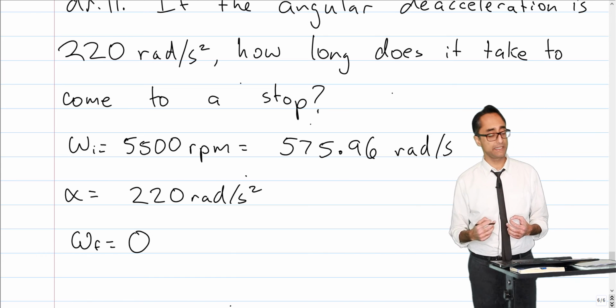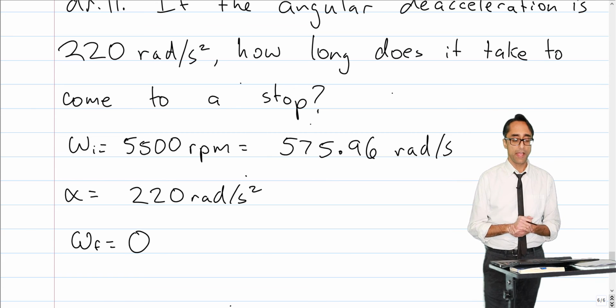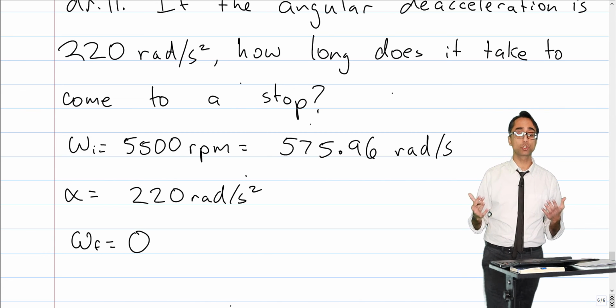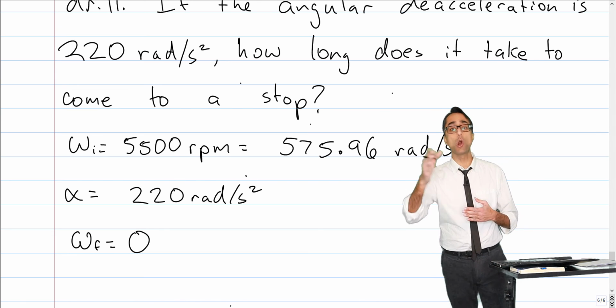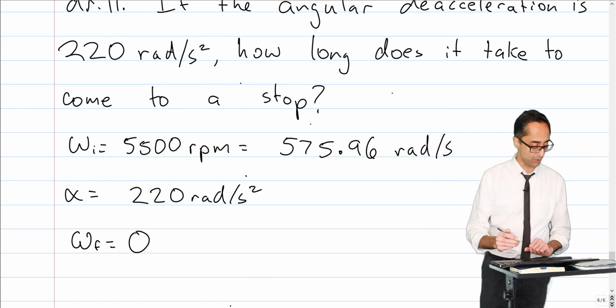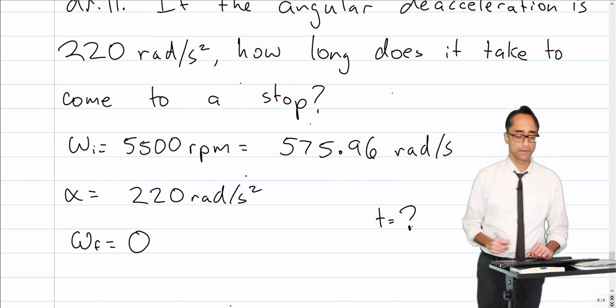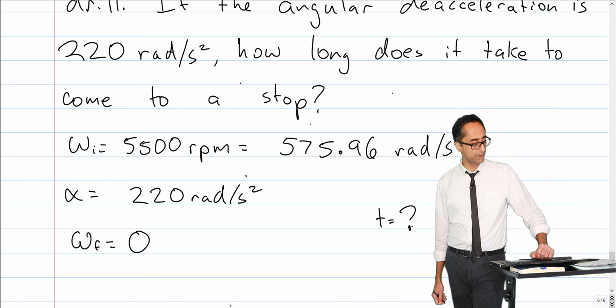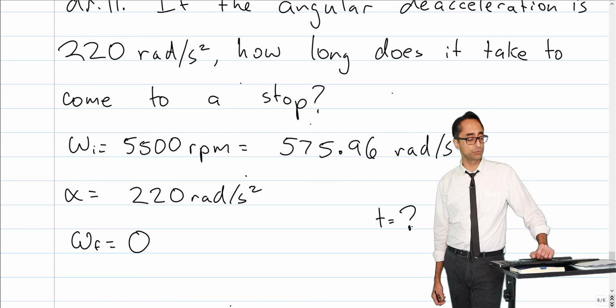Our final angular velocity is 0 here. And then finally, what are we actually looking for? What does the question want? How long does it take to come to a stop? It wants to know the time. I assume it's going to be very small, but we'll see what that value is soon enough.